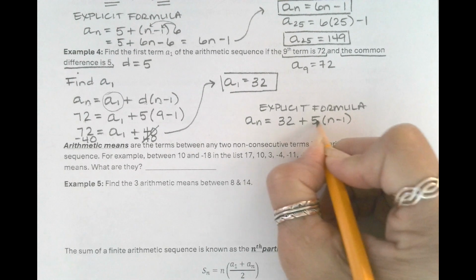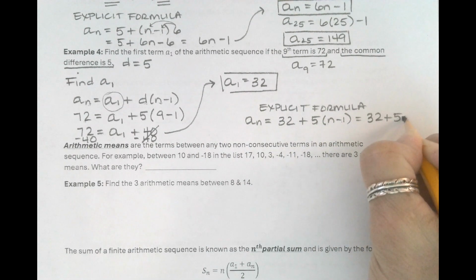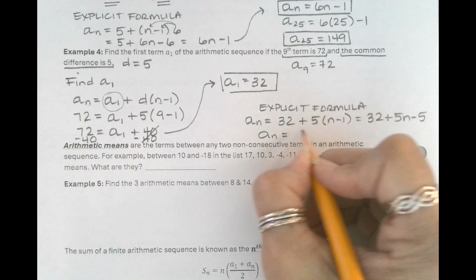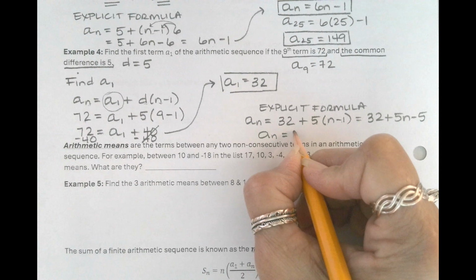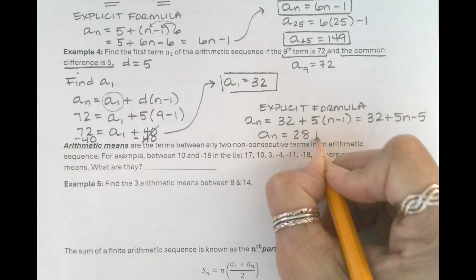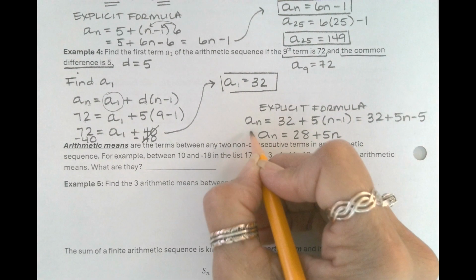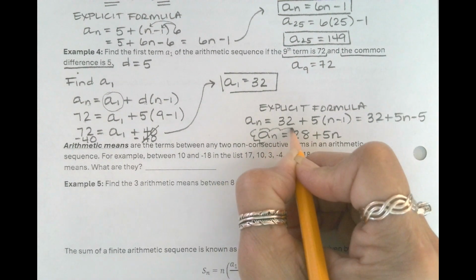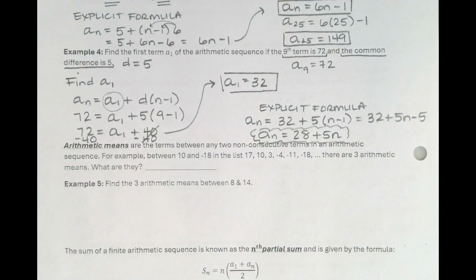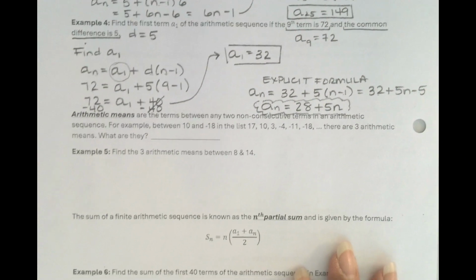So we distribute and we get 32 plus 5n minus 5. So my explicit formula would be 32 minus 5 is 28 plus 5n, or 5n plus 28. I'm just going to put a little cloud around this because it wasn't really asked, but I wanted to make sure you understand how to find the explicit formula.